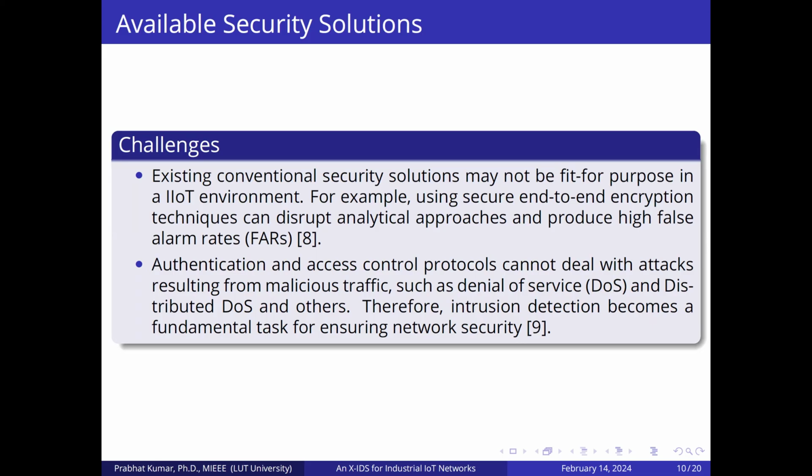Because of this, the actual user who wants to use this resource cannot use it, because the server is not responding anymore. But when you do the same thing from multiple different locations, we call it distributed denial of service, where you are sending bogus messages to the server, and the ultimate goal is to take the server down so that it cannot respond to the actual users. So what can be the solution in this case?